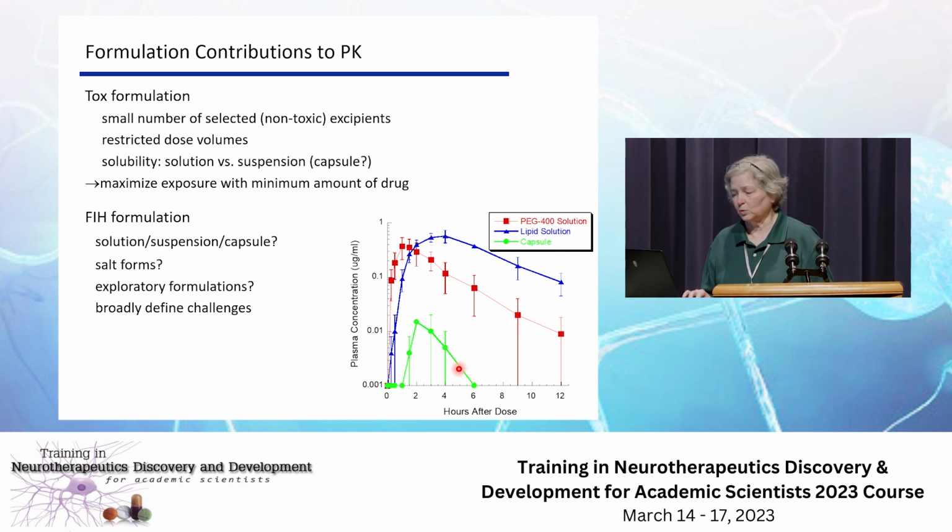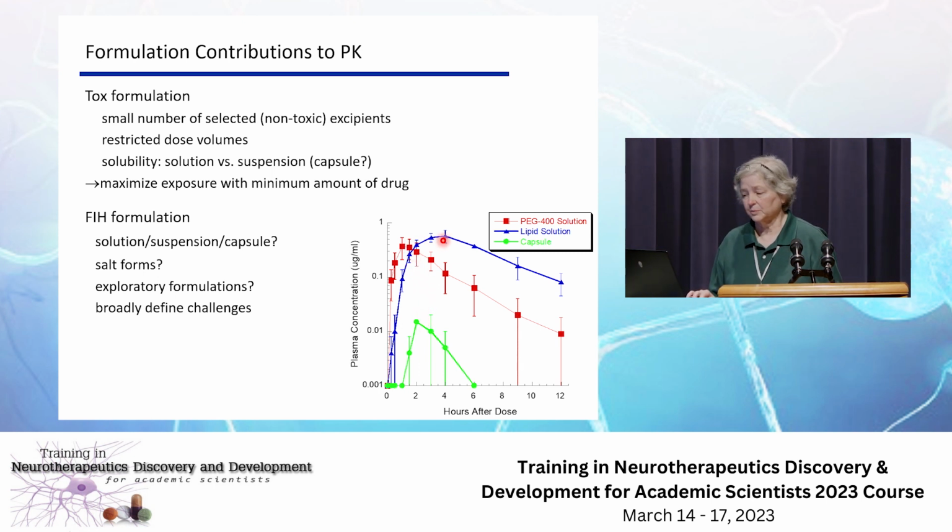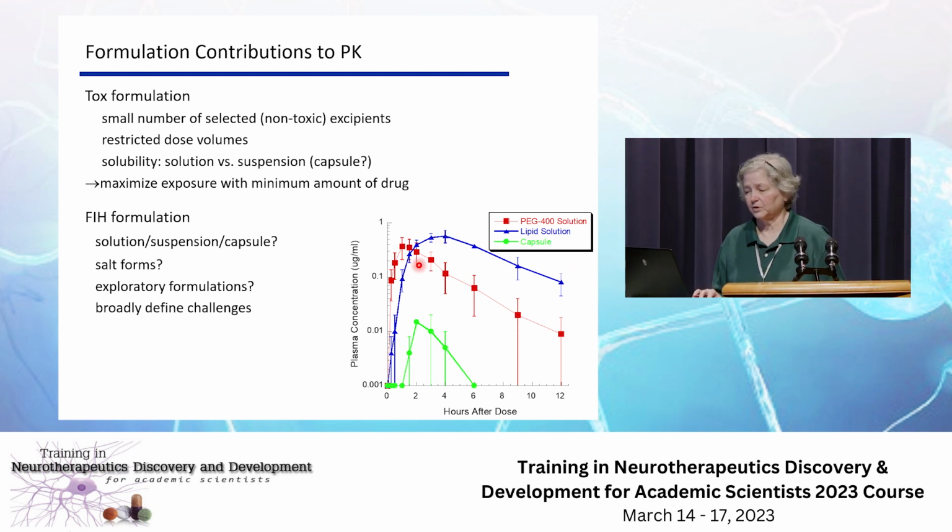This is an example where a simple aqueous suspension, or this is actually a capsule or suspension, gave us really low bioavailability. A solution was better, but a lipid solution was even better. Lipid formulations help keep insoluble compounds in solution and help them be absorbed for longer periods of time.